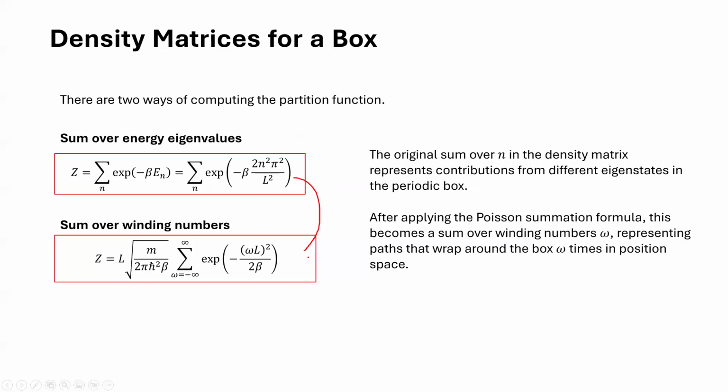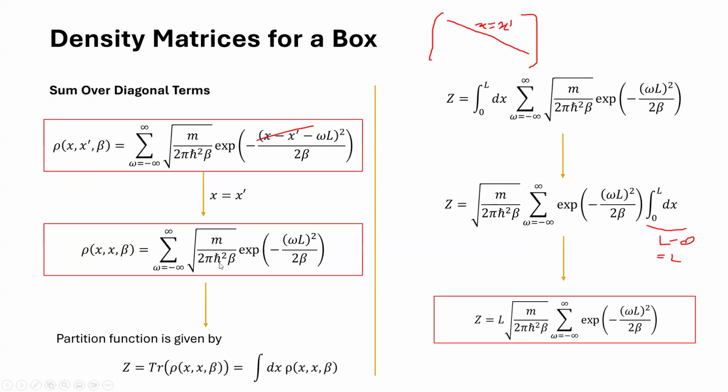So we learned how to find the partition function, and also the density matrix terms in terms of omega or the winding number.